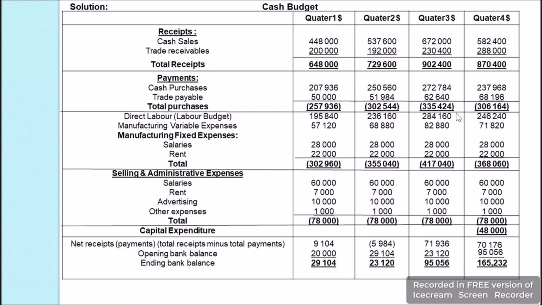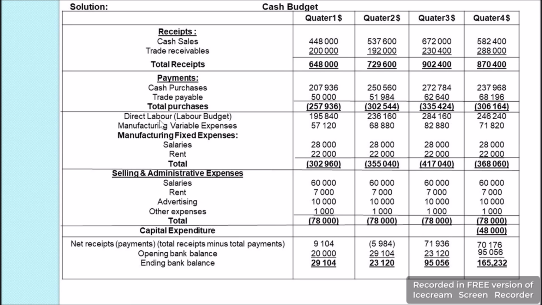And for the third quarter, we get the total purchases as $355,424. And for the fourth quarter, we get the total purchases as $306,164.